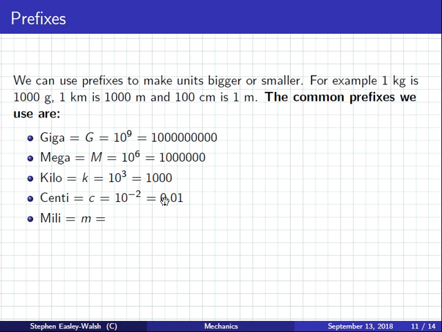It's m. And it's 10 minus 3. And that's a thousandth. Okay. Now, next.